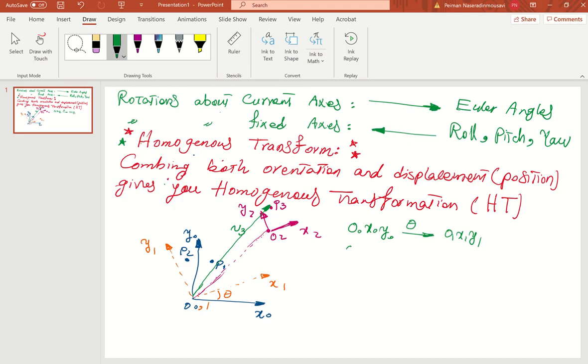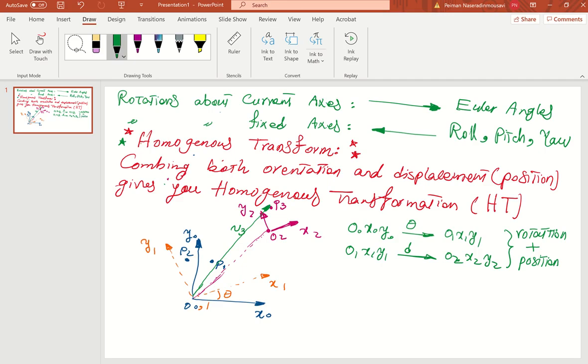Then O1 X1 Y1, for a displacement of D, went to O2 X2 and Y2. So sorry, yes, I have no corona. So this is rotation plus position, or displacement plus position.